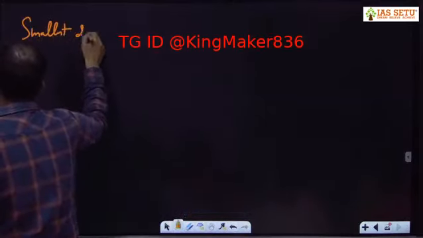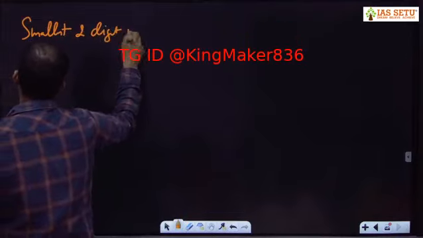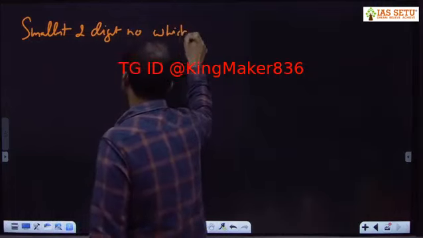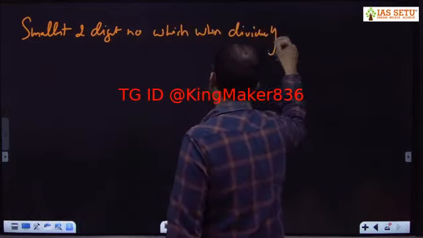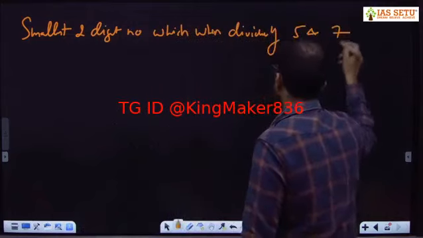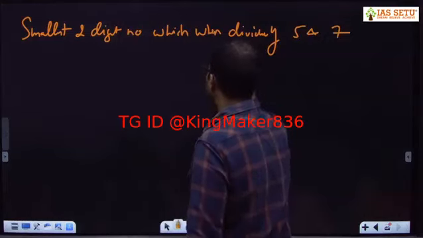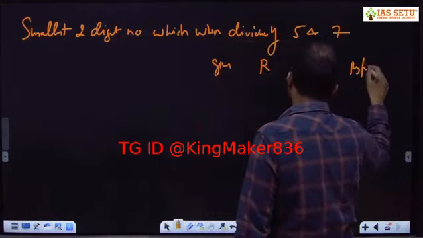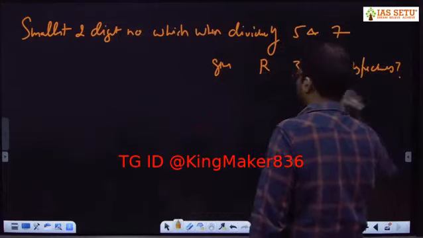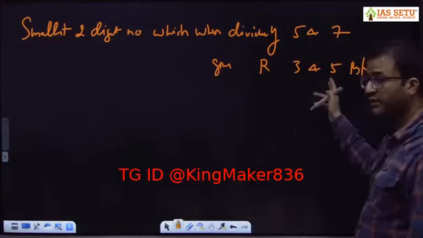Smallest 2-digit number which when divided by 5 and 7 gives remainder 3 and 5 respectively. So your remainders are different.